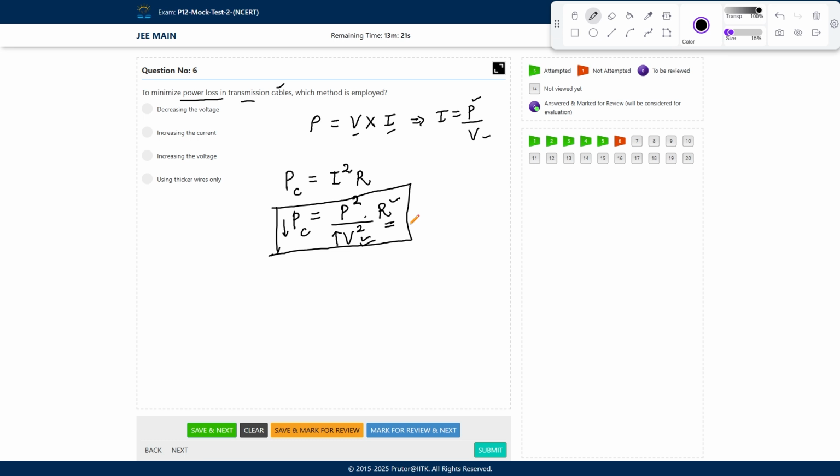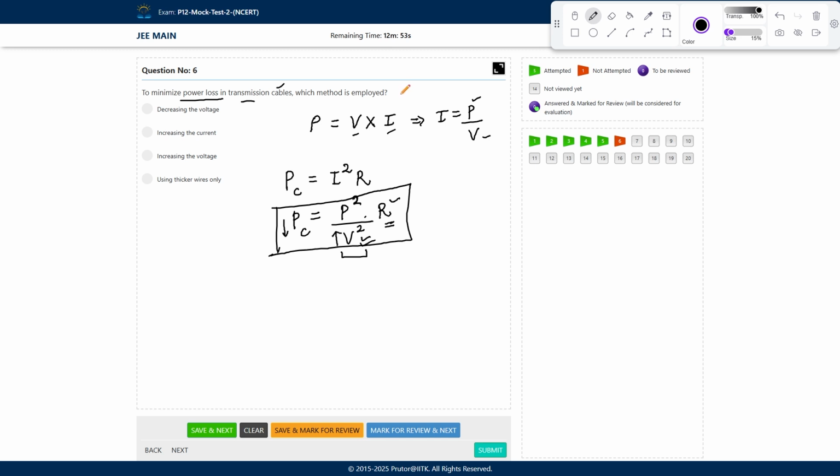5,000 volt. Why do these transmission cables have so much large voltage? Because to minimize power loss. To minimize power loss we have to increase this voltage, and at the end where we are going to operate the device which only needs 220 volt, we will use a transformer.